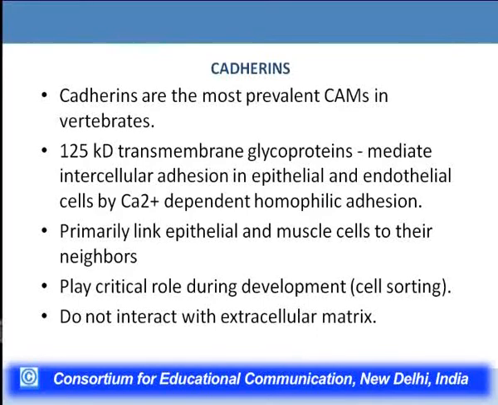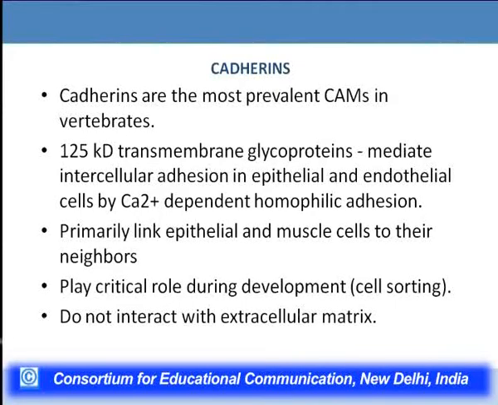The size of these proteins is about 125 kilodalton, and they are transmembrane glycoproteins. That is, they have a domain which projects toward the extracellular matrix, a domain which spans the width of the plasma membrane, and a domain which projects into the cytoplasm. And they basically mediate interaction between various cell types, but especially in the cells of epithelium and endothelial cells.